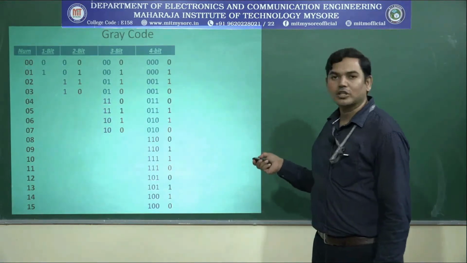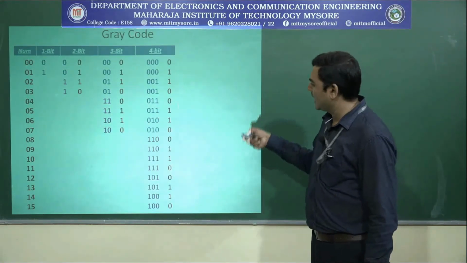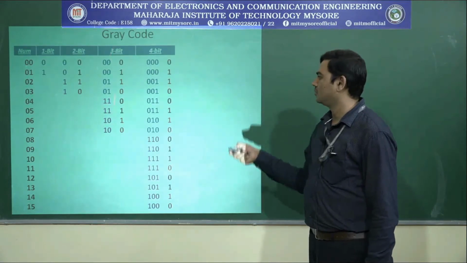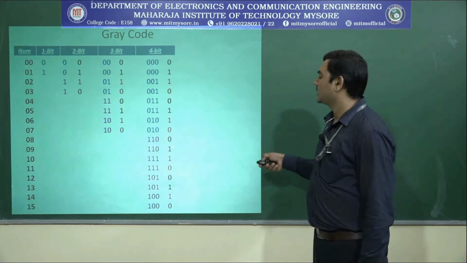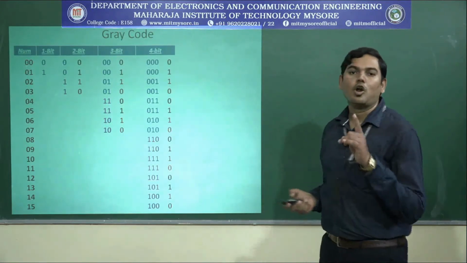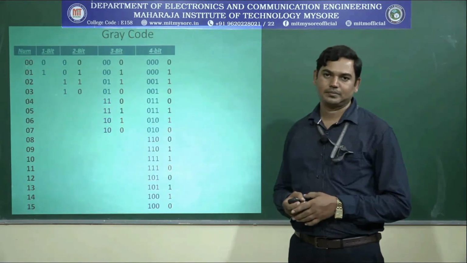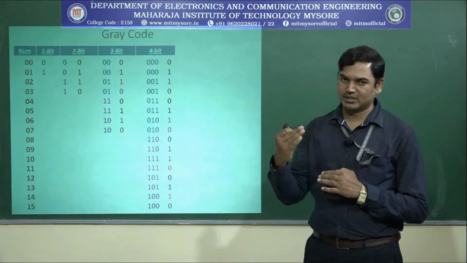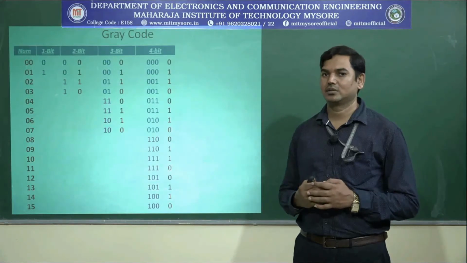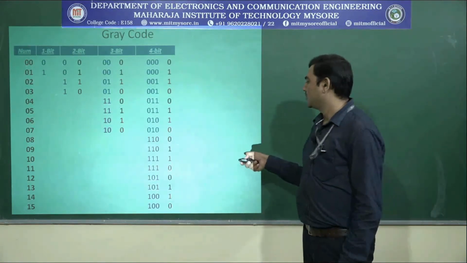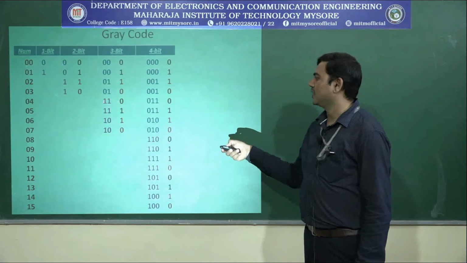Should we do that only for this number? No, you can select any number in this column, here, here or here also. That number will be logically adjacent to its previous as well as the upcoming representation. Let me choose this number, or let us go for a 3-bit representation.